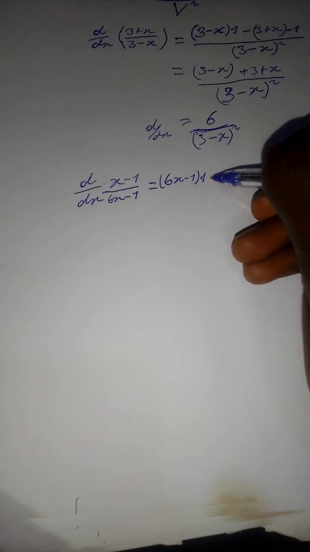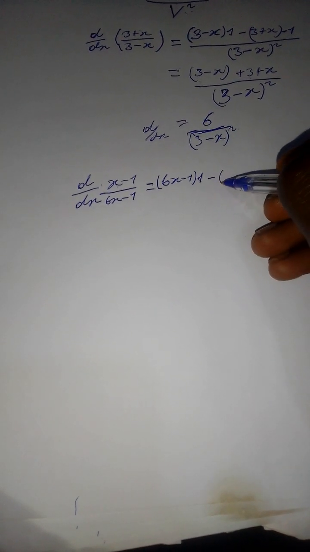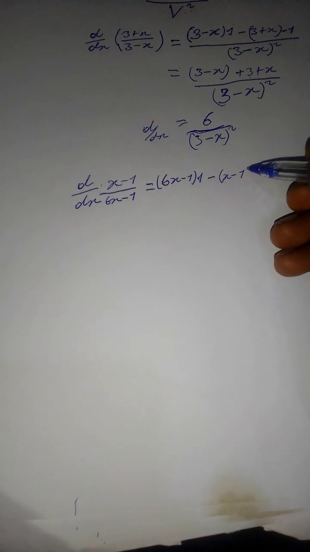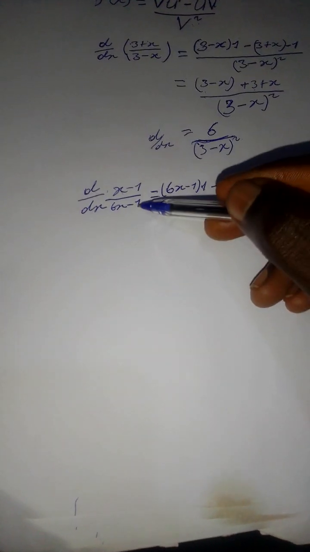So we'll keep the denominator, which is 6x minus 1. We differentiate the numerator, which gives us 1, minus, we keep the numerator, which is x minus 1, and we differentiate the denominator. Differentiating the denominator gives us 6. You subtract 1 from the power and multiply by the power, so it's 6. Differentiating a constant gives us 0, so we have 6.